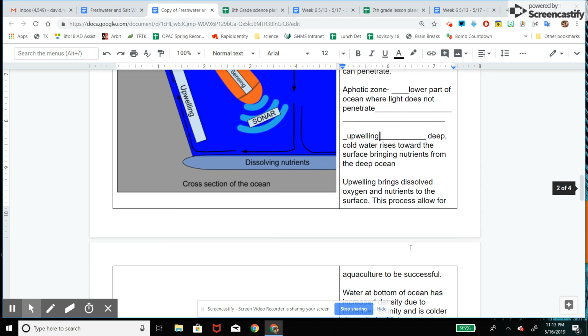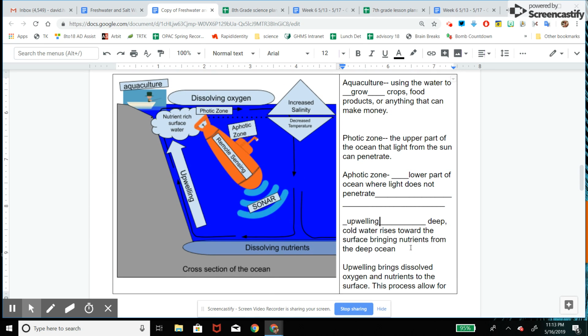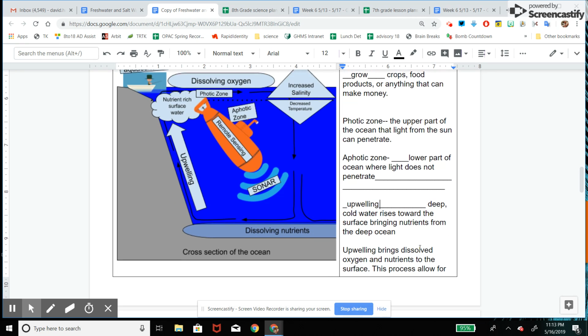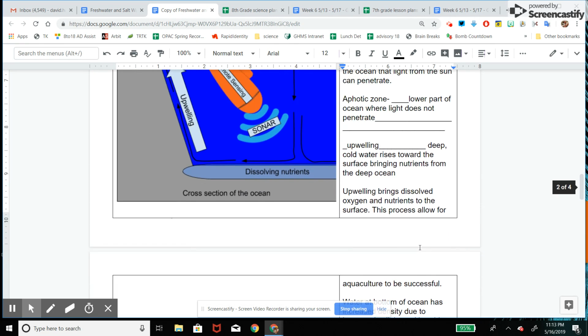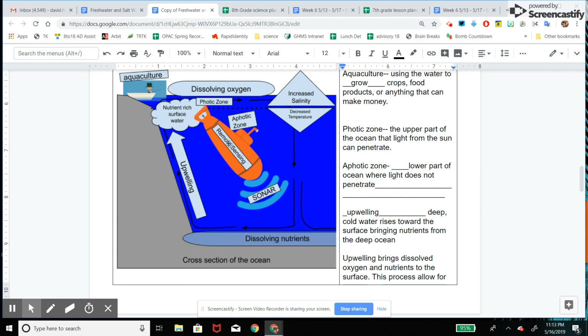The water at the bottom of the ocean, the more salinity in the water, it's going to sink because it's more dense. Colder is going to sink. So down at the bottom of the ocean is the saltiest and coldest water of them all. It's very expensive and very difficult, almost impossible in certain times, to actually go to the bottom of the ocean to map the depth of it and what's happening down here.